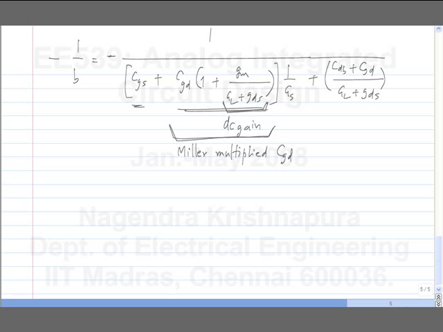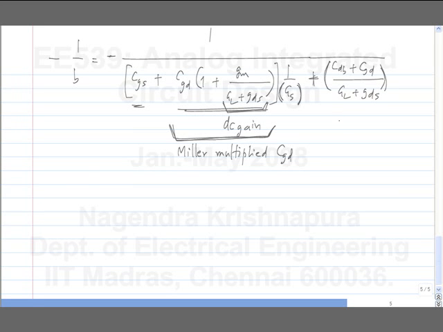Now there are also additional terms that come out in the exact analysis. So essentially this is the pole associated with the input conductance GS. If GM by GL plus GDS is very large, it is reasonable that this term dominates everything else.